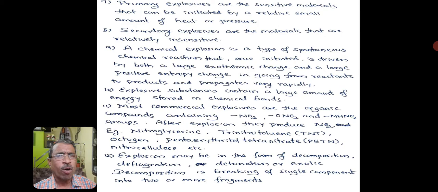Explosion may be in the form of decomposition, deflagration, detonation, or exotic. Let us know the meanings of these. Decomposition is the breaking of a single component into two or more fragments.